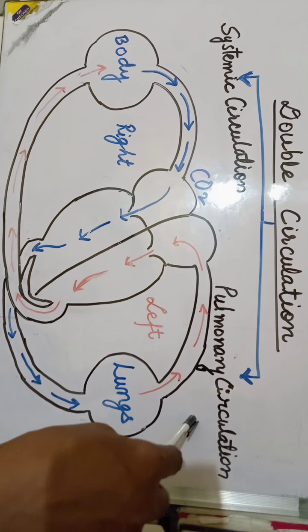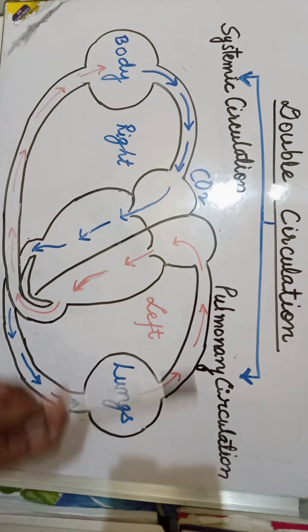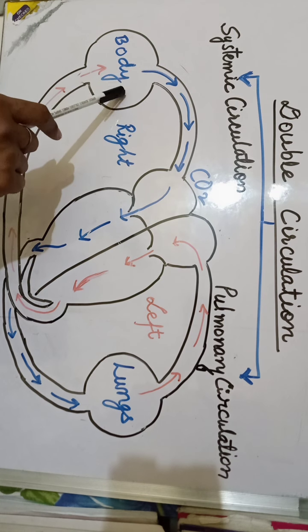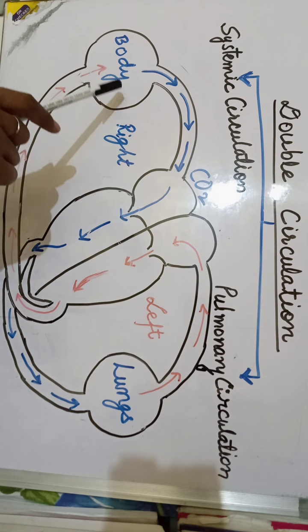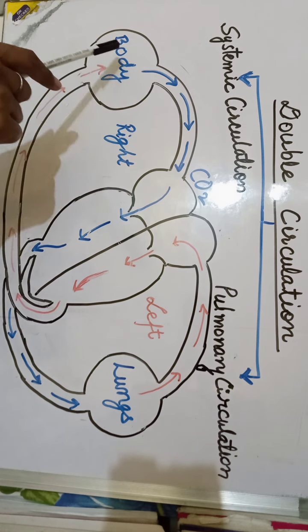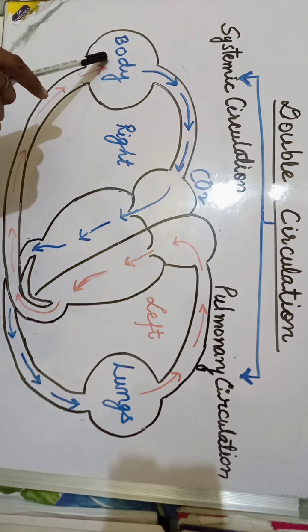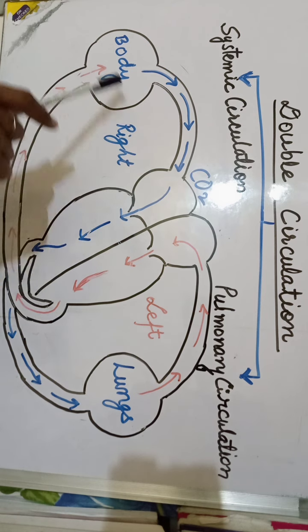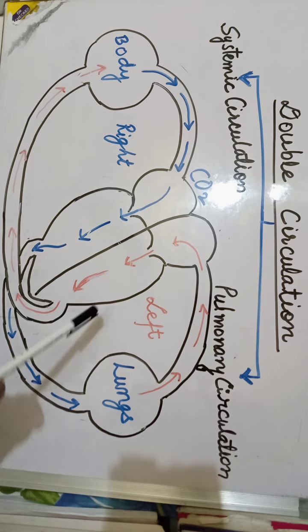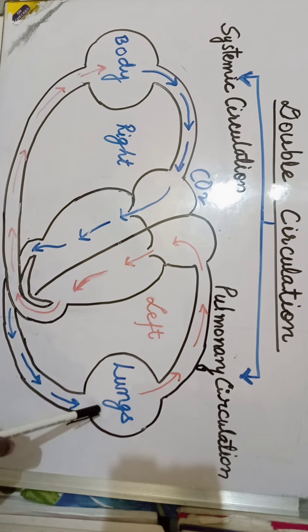the shorter cycle. This you can make out very easily, because in the body, the different body parts receive oxygenated blood, and the distance between the heart and the farthest part of the body, the toe, is very high, or very long, as compared to the distance between the heart and the lungs.